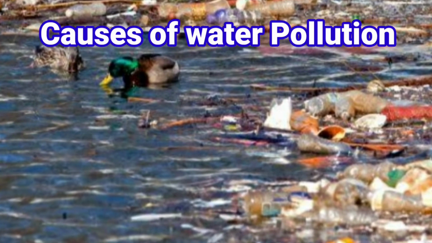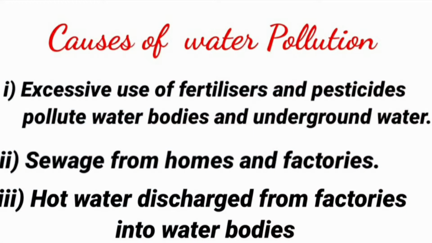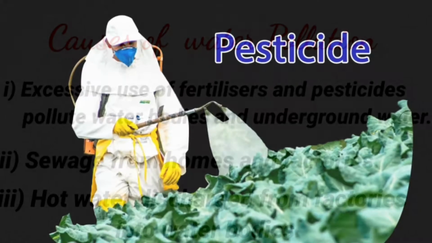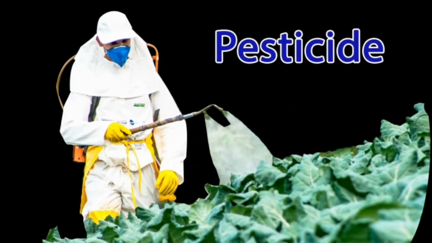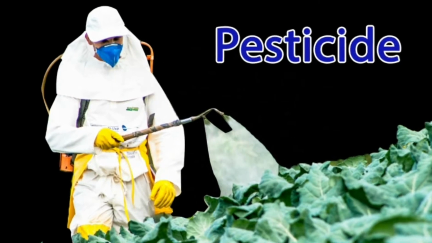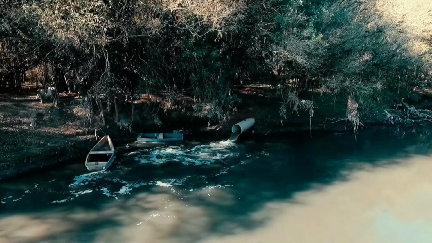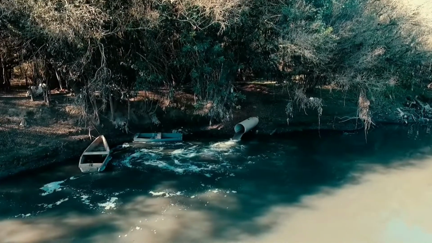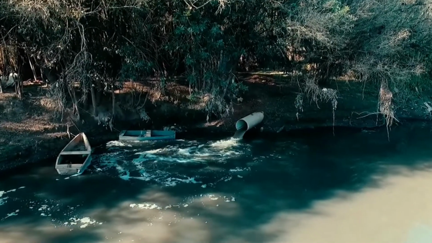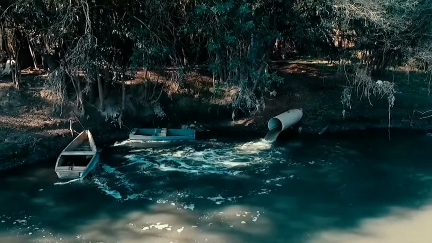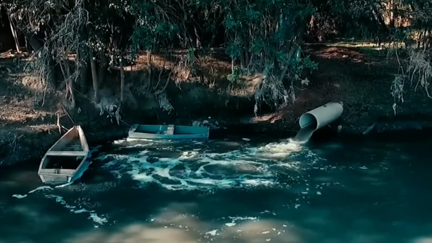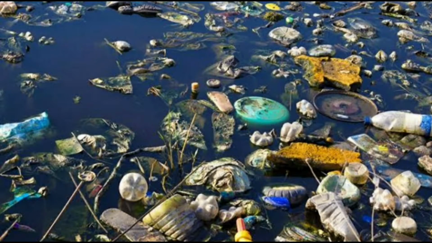What are the causes of water pollution? Water dissolves the fertilizers and pesticides from agriculture fields and takes them to the nearby water bodies where they cause harmful effects on aquatic life. Next reason is dumping of sewage and other waste into the water bodies, which adversely affects the water quality.